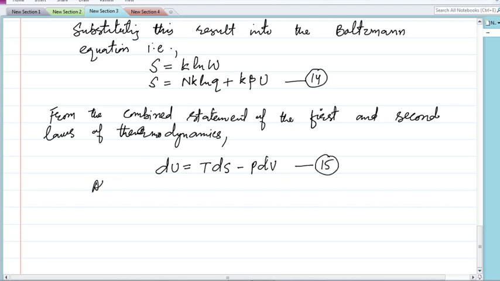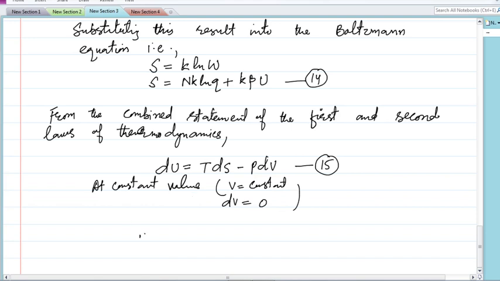Now at constant volume, when V is equal to constant, dV will be equal to 0.